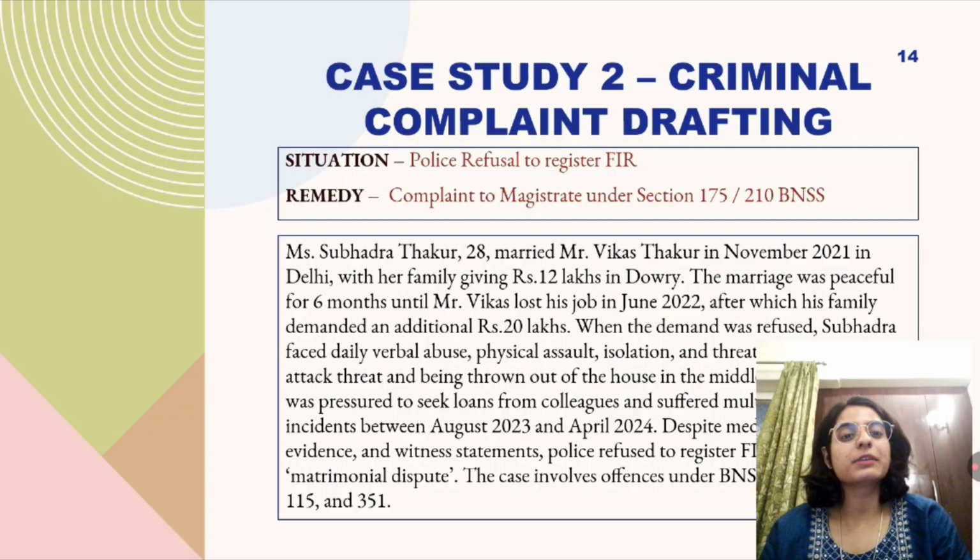AI will modify it and add that he assaulted her with criminal intent to cause grievous bodily harm and with premeditation. Problem, you see? You never stated there was an intent to cause grievous hurt. You never said it was pre-planned. AI assumed these elements. Those assumptions change the nature and severity of the offenses charged. You must catch and delete any fact AI invents, no matter how plausible it sounds.